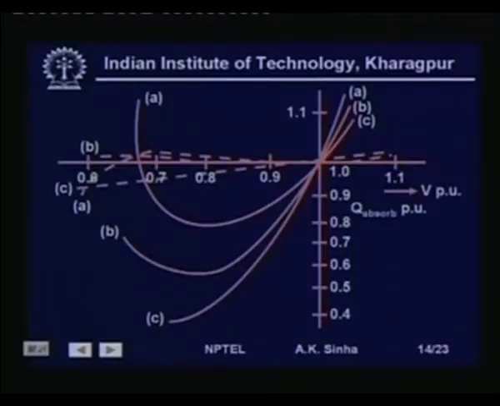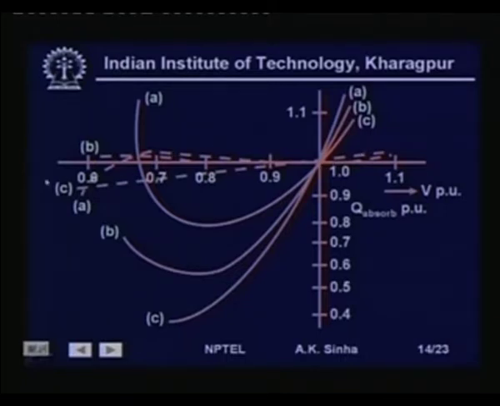Similarly, if we want to keep the torque on the machine constant and vary the voltage, then we get different characteristics. If the torque is constant, say at 1 per unit, then we have this characteristics A, which shows how the real power is going to vary.